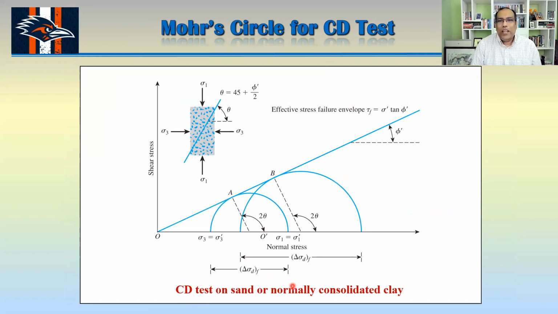So we know that sand doesn't have any cohesion, and clay doesn't have any cohesion when the clay is very, very loose, okay? The loosest condition is normally consolidated clay when it got deposited from the soil suspension, just dropping at the bottom because of the Brownian motion at the bottom of a lake or something like that.